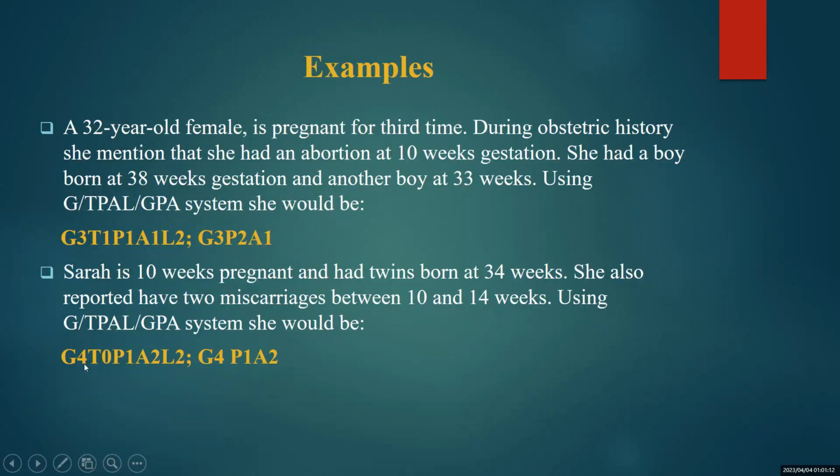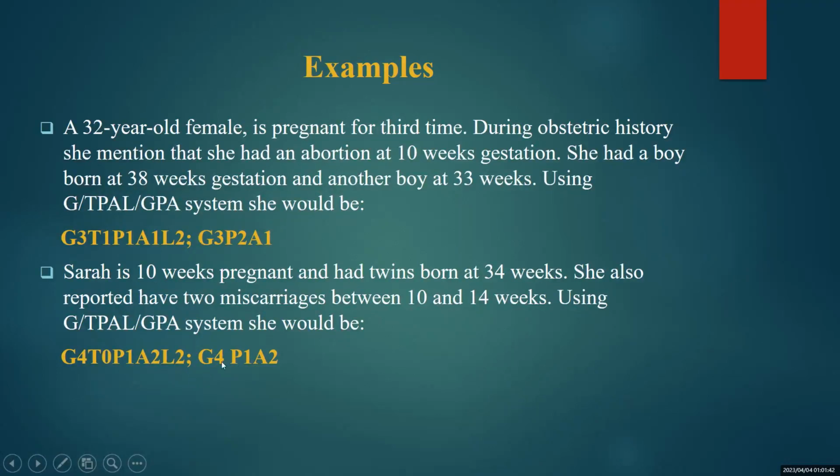So she's G4, and she has carried no pregnancy to term, and she has had 1 preterm pregnancy at 34 weeks, and she has had 2 abortions between 10 and 14 weeks, and she has 2 babies as a result of the twin pregnancy at 34 weeks. So she's G4, T0, P1, A2, L2.